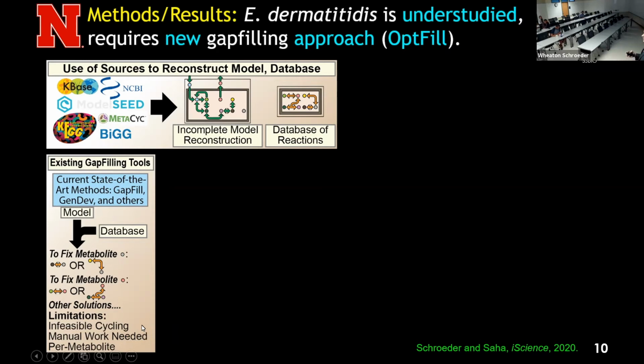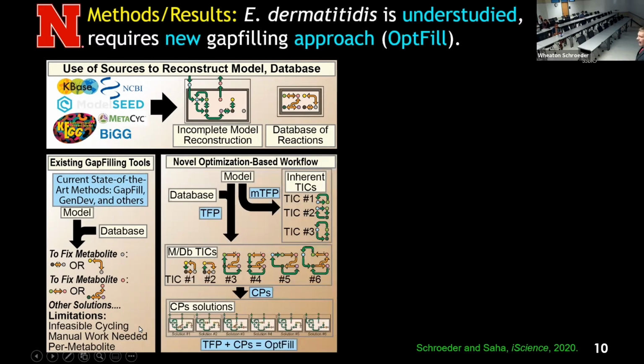We can also get something called thermodynamically infeasible cycles. This is where reactions are modeled to occur at any rates outside of what is biologically feasible because of the structure of the model. I can get into that later if you have questions about that after the presentation. So we had a lot of these issues when we went to address this for an understudied organism.